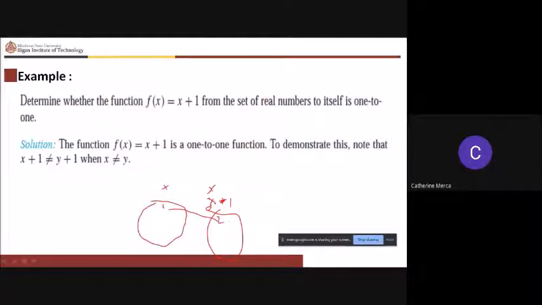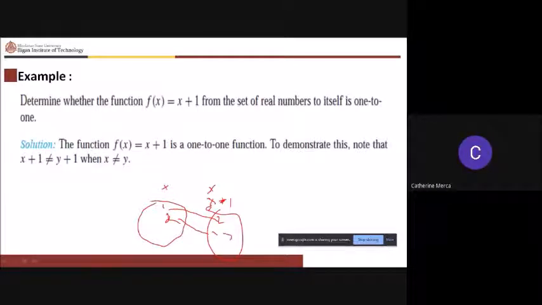Then, ang 2, kung sa pares ni 2 karon, based on the definition, asa man siya mapares? Kay, sa man ang f of x niya? Anyone? 3, ma'am. Yes, very good.